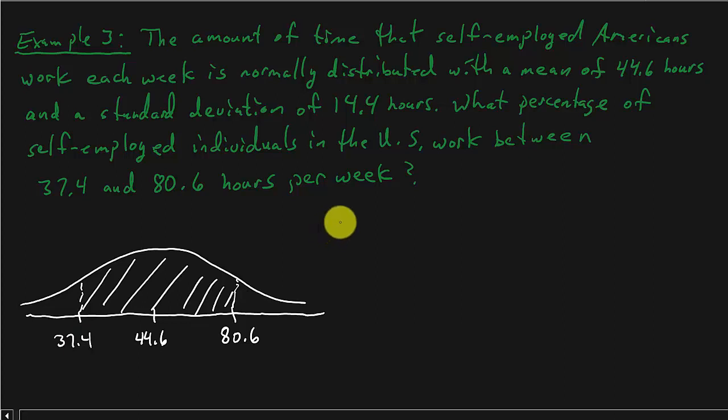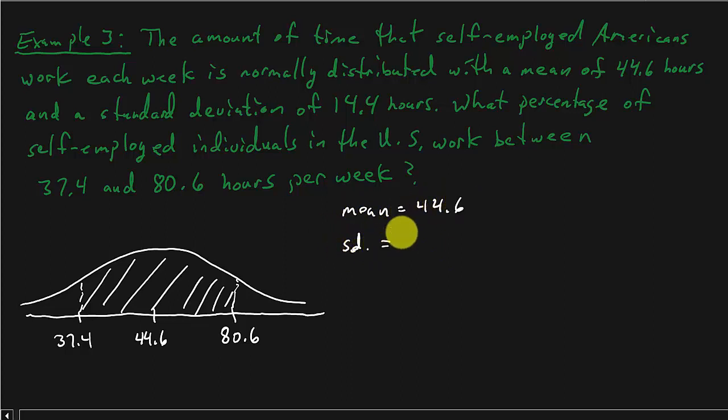So let's look up the z-score for 37.4. And I'm going to put the subscript 37.4 so we know this z-value goes with this one. First, let's write down the mean is 44.6.